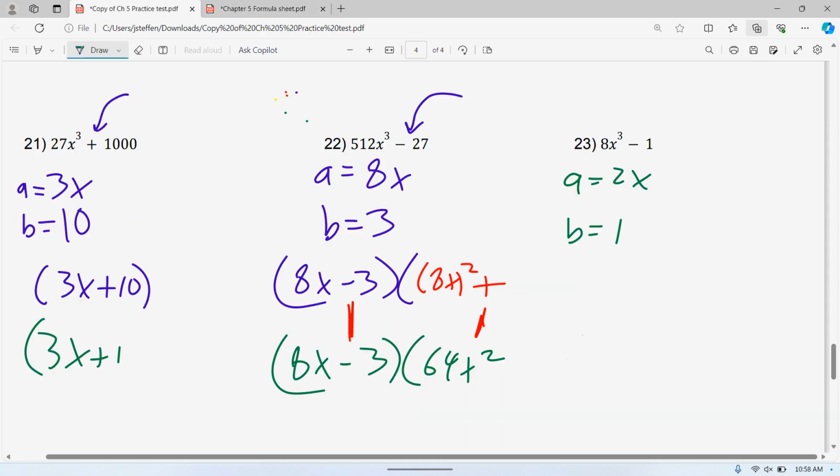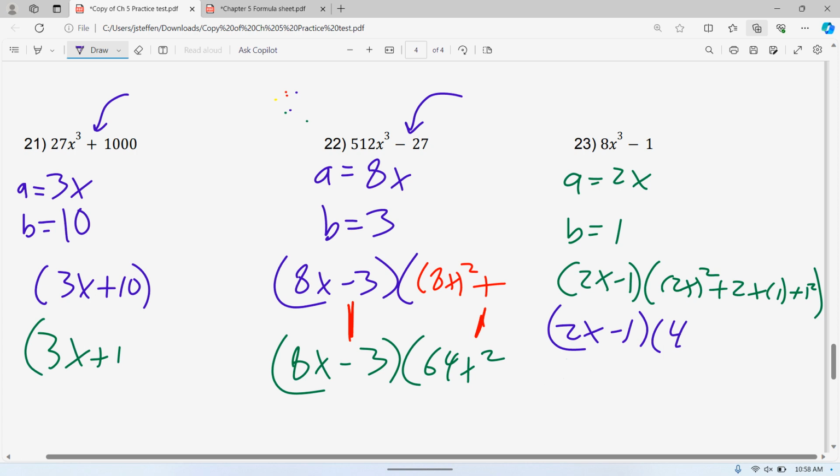And it's minus again, so we have 2x minus 1, times 2x squared plus 2x times 1 plus 1 squared. I should use parentheses, but I ran out of room. That is 2x minus 1 times 4x squared plus 2x plus 1 is your answer for that one.